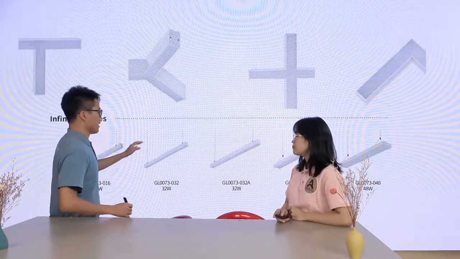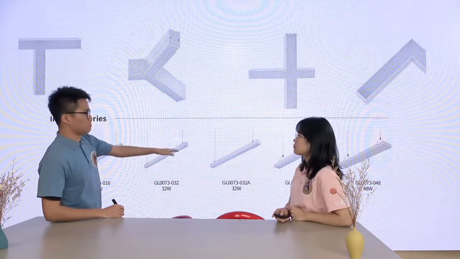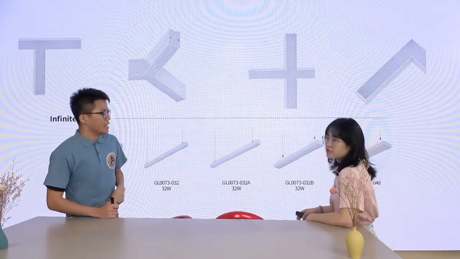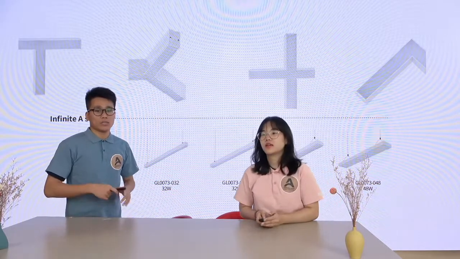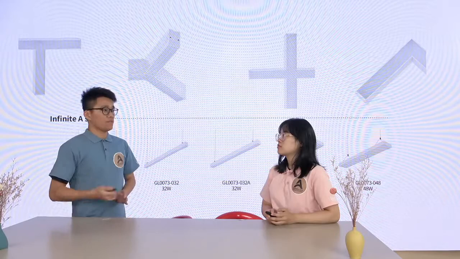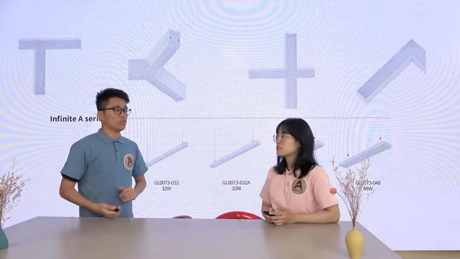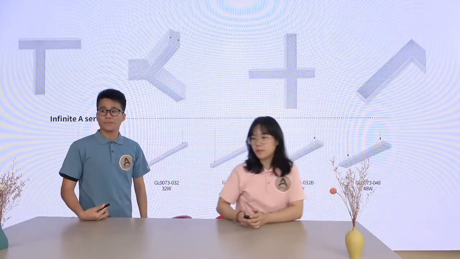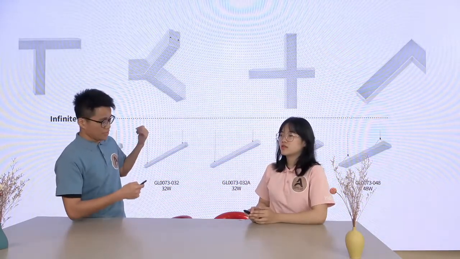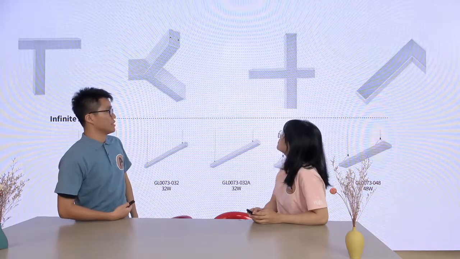So we have developed different wattages from 16 watts to 48 watts. This wattage range can be used in any office project, and it's enough for them. This is some information about this item.